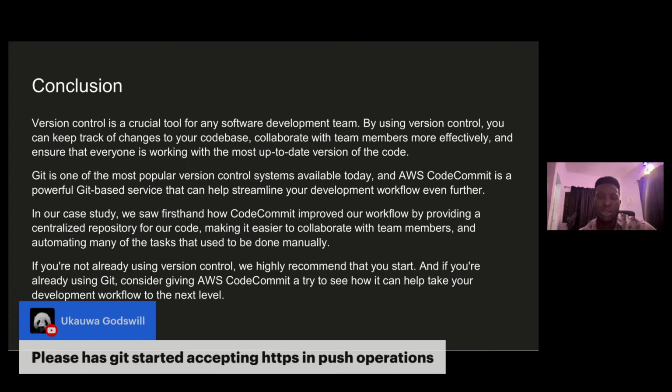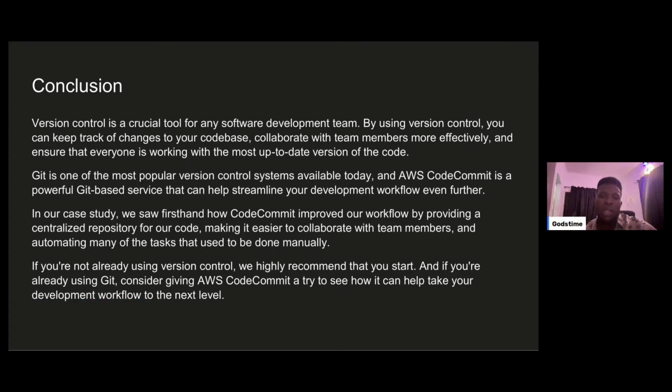So if you are not familiar with version control, this is just a brief introduction, and then I went further to show you how to use AWS CodeCommit. I know the majority of us here are very familiar with GitHub, GitLab, Bitbucket.